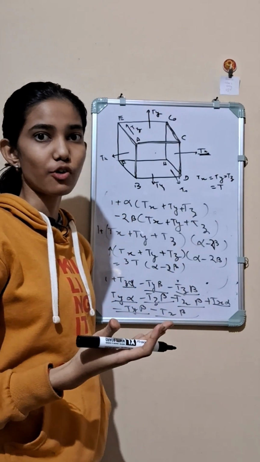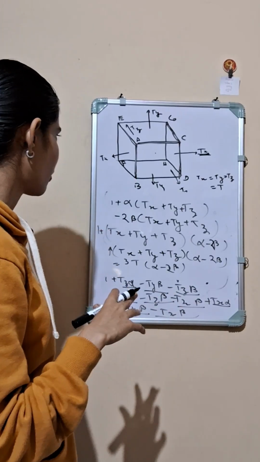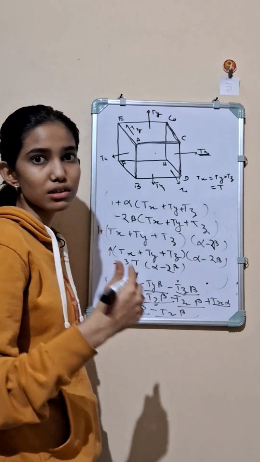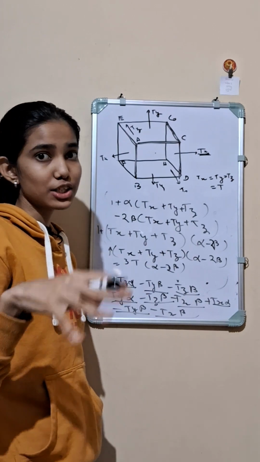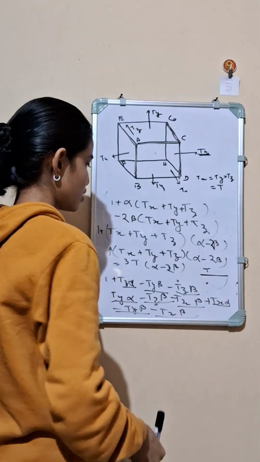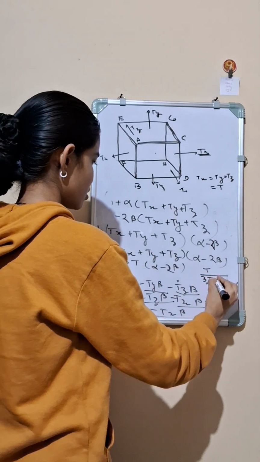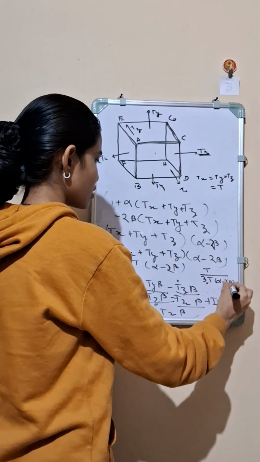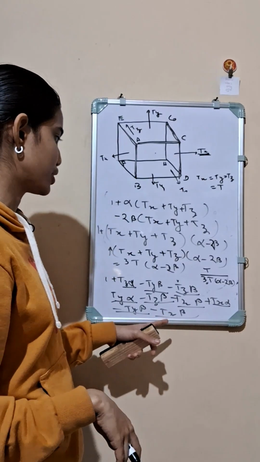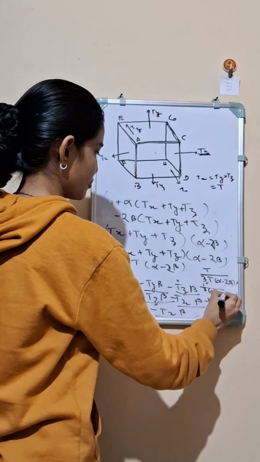And what is the formula of the modulus of rigidity for increase in volume? Meaning, what is the formula of bulk modulus? That is stress by strain, meaning T by the change, 3T (alpha minus 2 beta), divided by the original volume, that is 1. So this will be equal to 1 by 3 (alpha minus 2 beta).